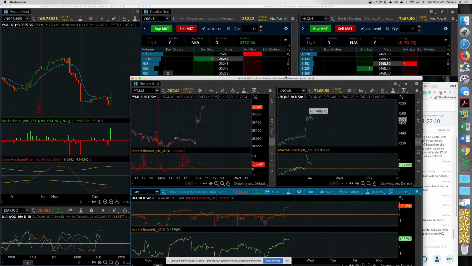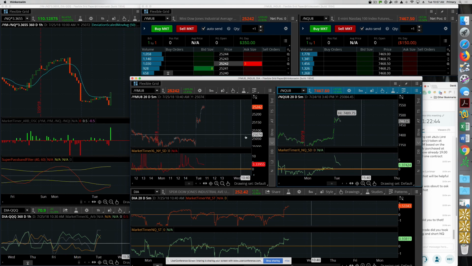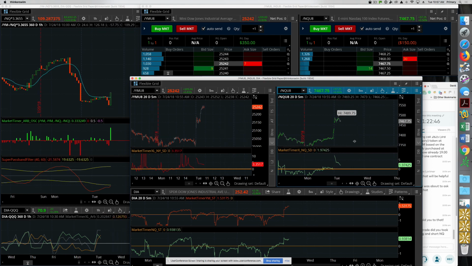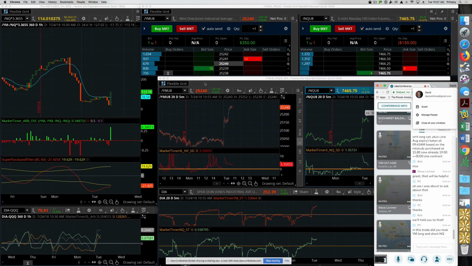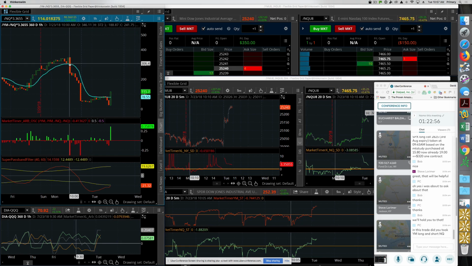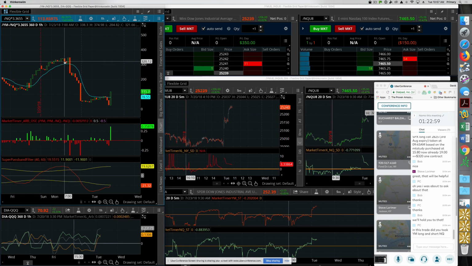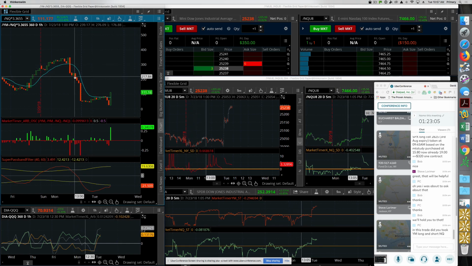The NASDAQ was so strong yesterday, and the reason it was so strong yesterday, right after the close, is that I was short the contract yesterday. So I was short YM, long NQ on this bar and into here, and then I exited.